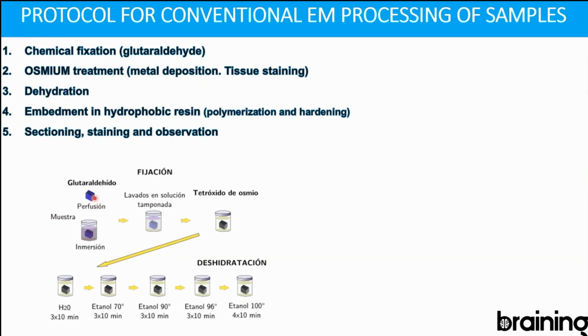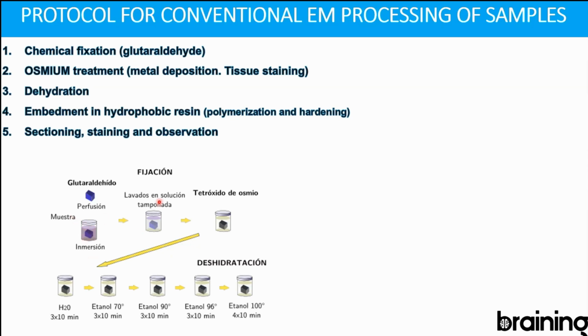This tissue can be fixed by perfusion or by immersion. That means that you can perfuse the fixative into the animal, or you can just get a piece of tissue and put it in the fixative.